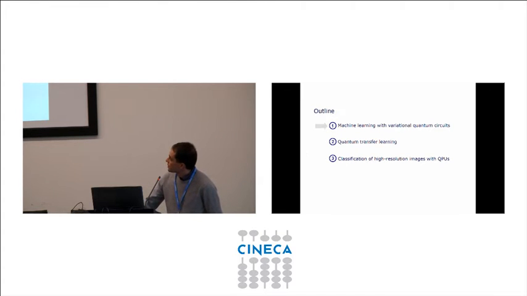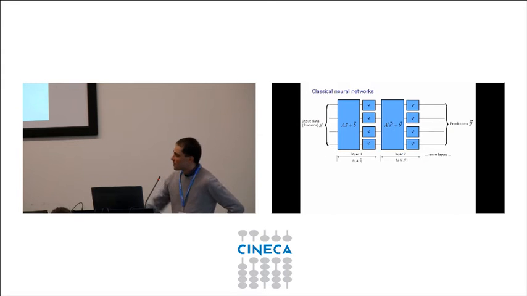So let me start by introducing variational quantum machine learning. Before talking about quantum systems, let me just review the standard way of defining a classical neural network. You have an input vector of variables that you want to process, and you can process it with many layers of linear operations plus local nonlinear activation functions.